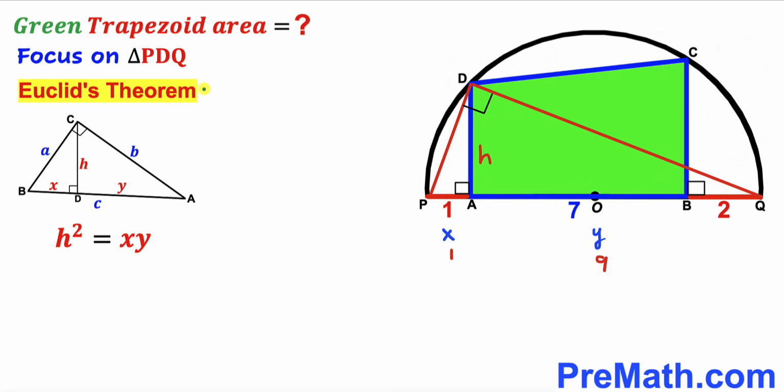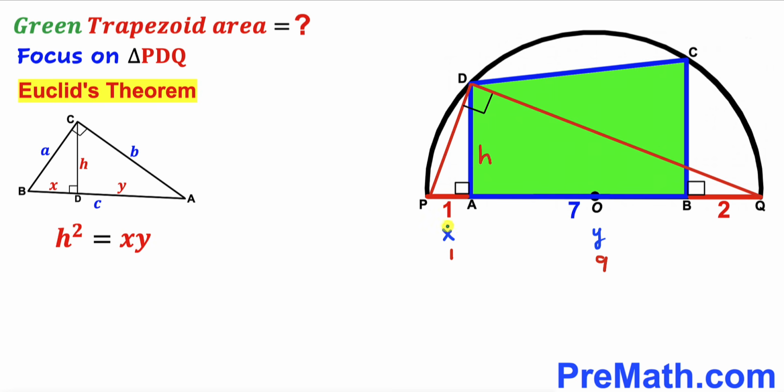Now we are going to recall Euclid's theorem. As you can see in this given triangle, the perpendicular CD is being represented by lowercase h. The segment BD is x, whereas this segment AD is lowercase y. Then according to this Euclid theorem, lowercase h square is always equal to x times y.